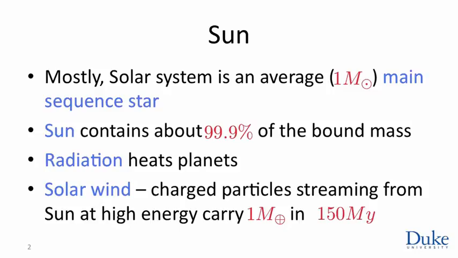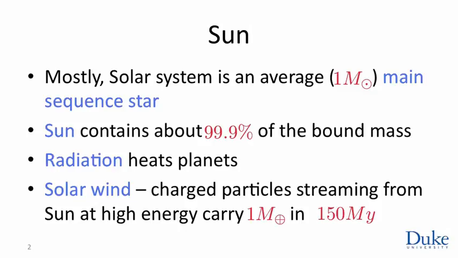In addition, as we'll see as part of the processes that go on in a star, the outer atmosphere of the sun is a very active place, and it is constantly emitting a stream of charged particles called the solar wind that leave the sun at high speed and propagate out throughout the solar system.